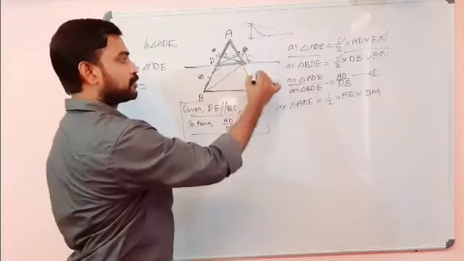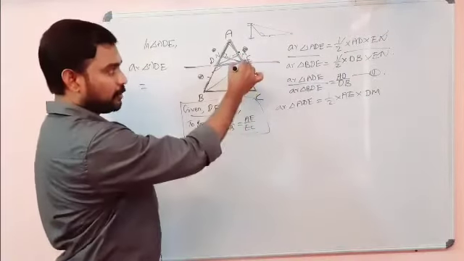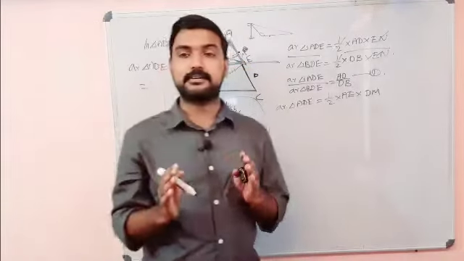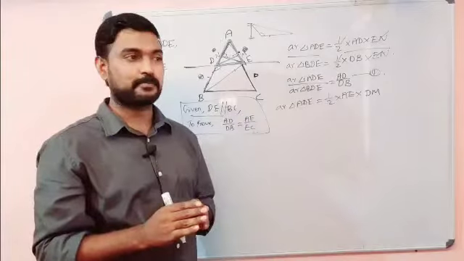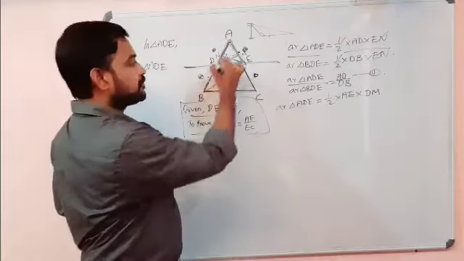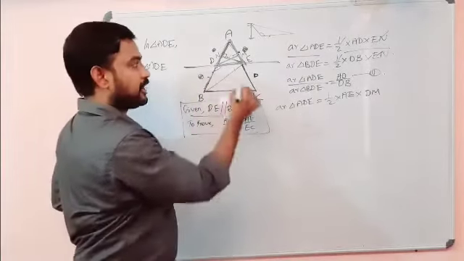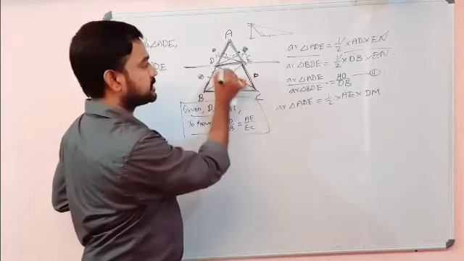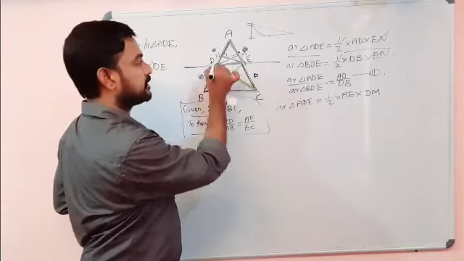Again, we can come to here. Now one part is EC. By including EC, we can construct another triangle, similar to this BDE. So I am just joining this DC. So I get a triangle DEC. Just observe DEC.